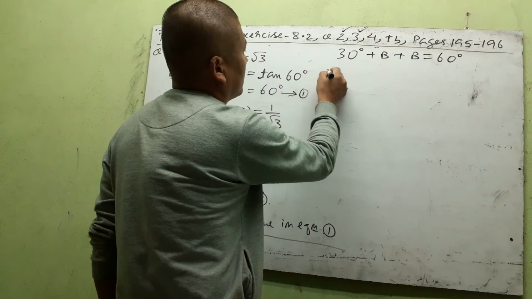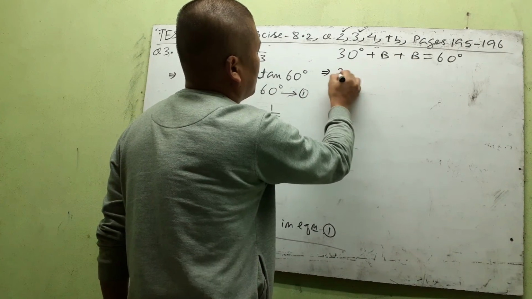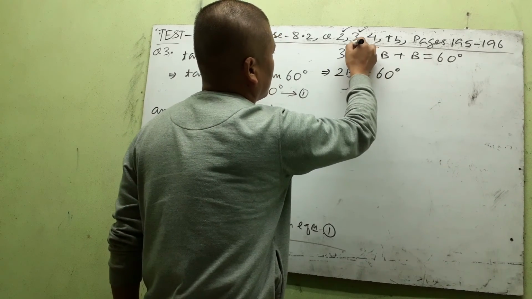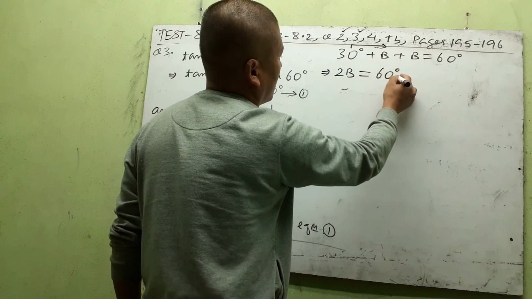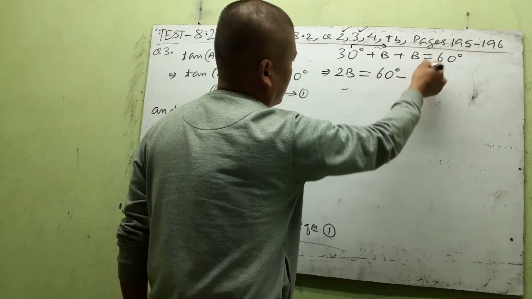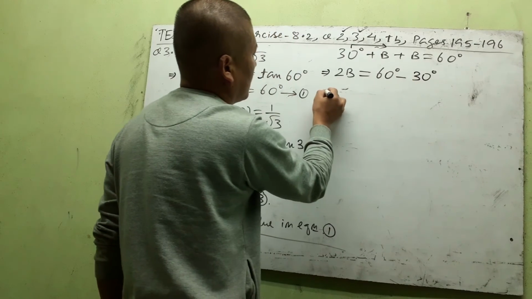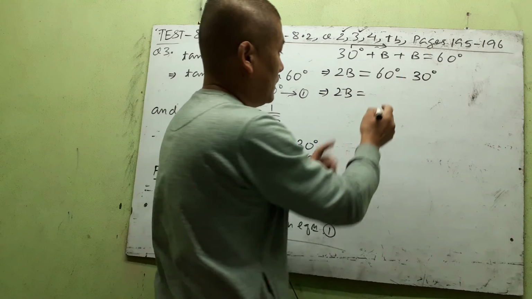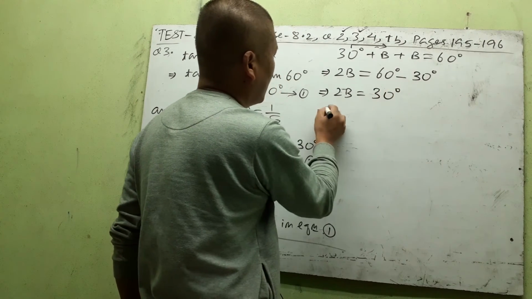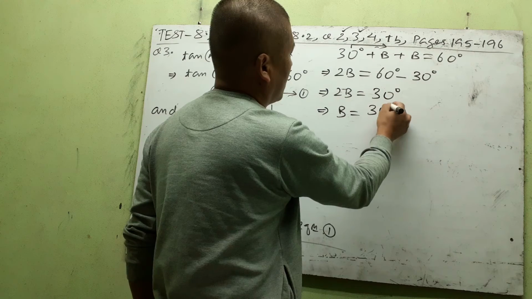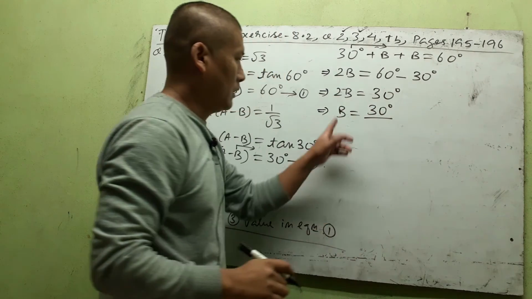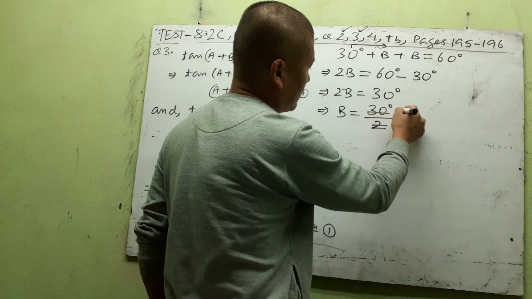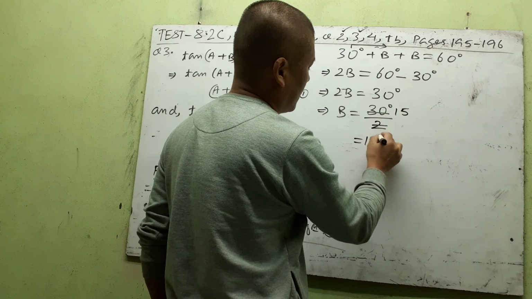That way we have b plus b is 2b, equal to 60 degrees. Shifting 30 degrees to the right side, plus becomes minus, so 2b will be 60 minus 30, which is 30 degrees. Then b will be 30 degrees divided by 2, so 2 fives are 10, so b is 15 degrees.